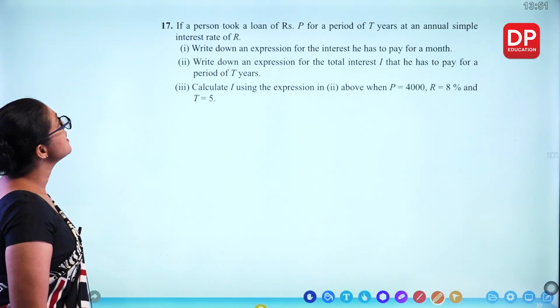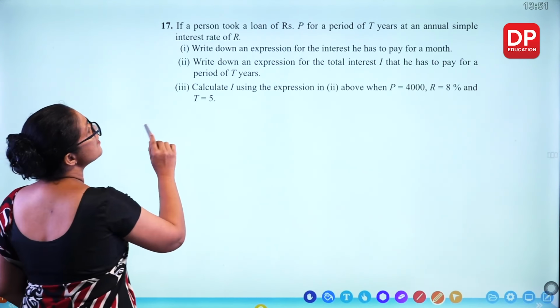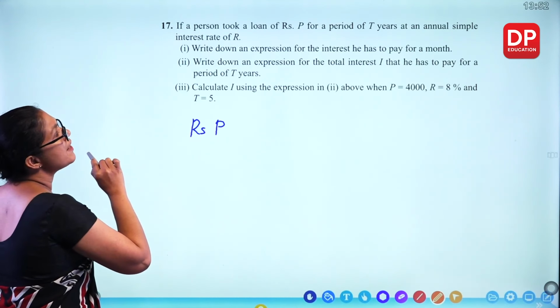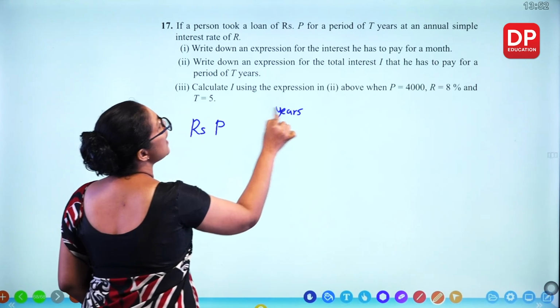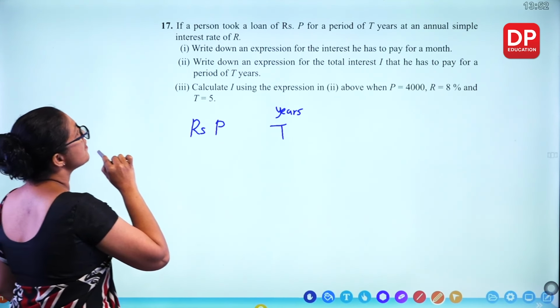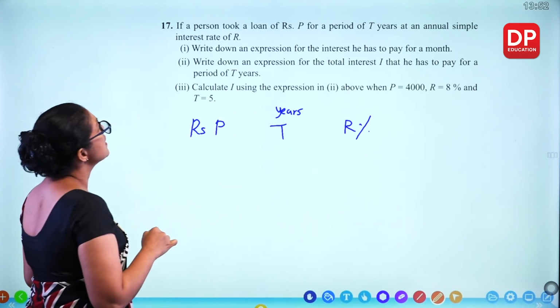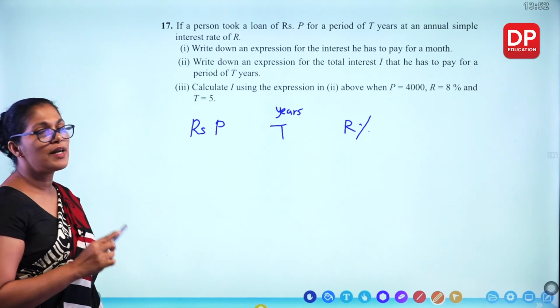Question number 17. If a person took a loan receipt P for a period of T years at an annual simple interest rate of R percent, write down an expression for the interest he has to pay for a month.